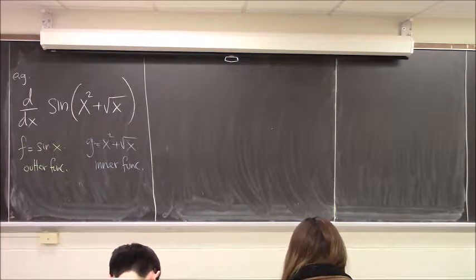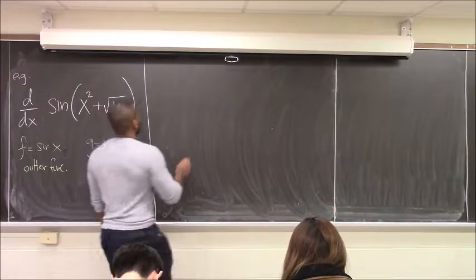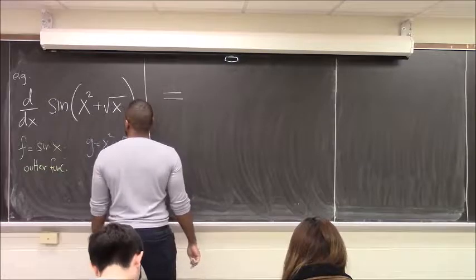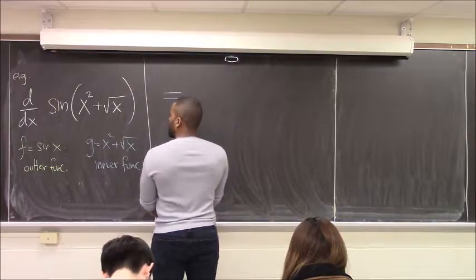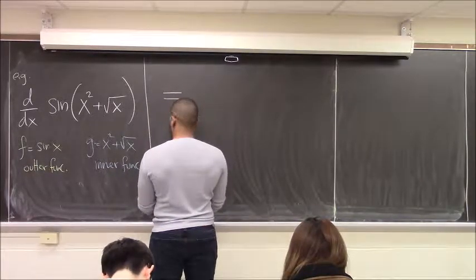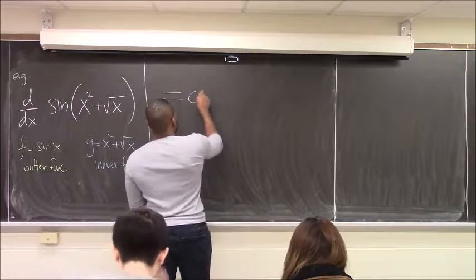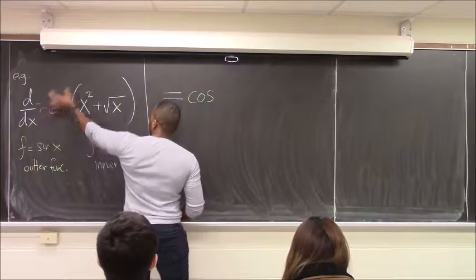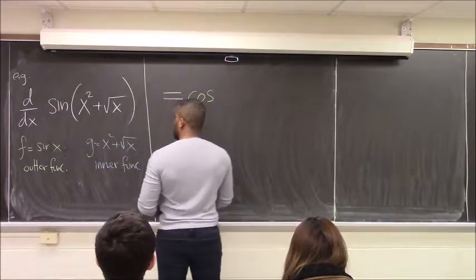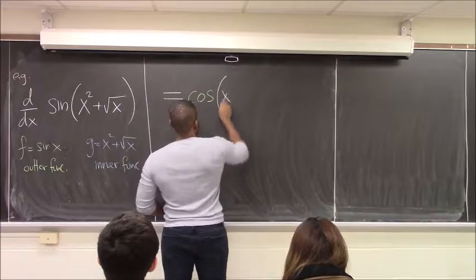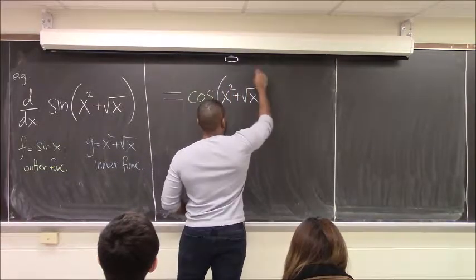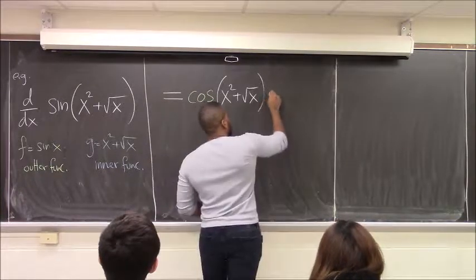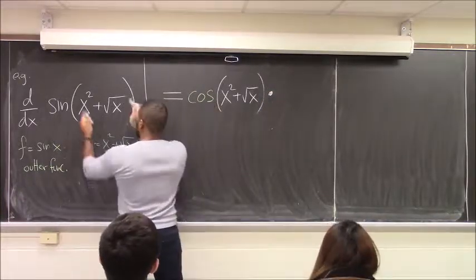So let's actually do that. Your outer function is the sine. What's the derivative of that? Cosine, which we've shown just now. So this is the outside function, and we find its derivative. In the meantime, you leave the inside alone. Don't do anything with that. Then you multiply that by the derivative of the inside function.